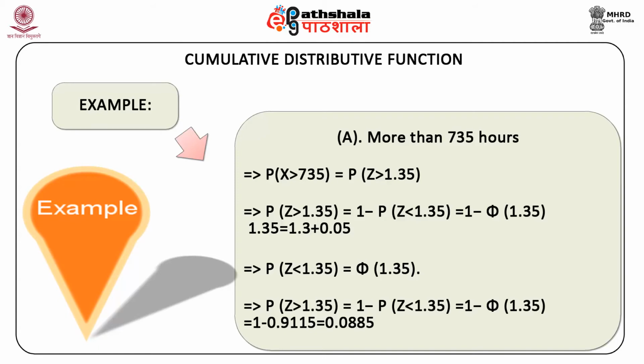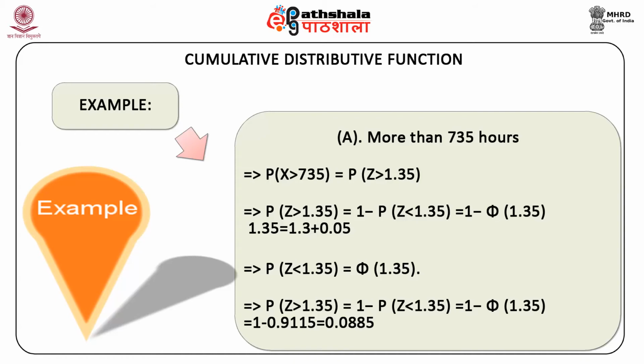Since the standard normal variable table is in the CDF form, which directly gives the probability of z less than or equal to 1.35, to compute, we proceed as follows. The probability that z is greater than 1.35 is equal to 1 minus the probability of z being less than or equal to 1.35, which is equal to 1 minus phi of 1.35.